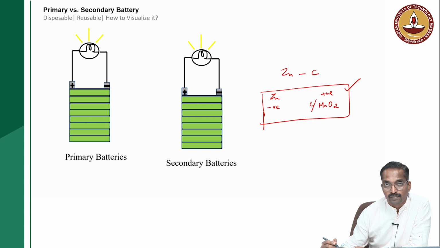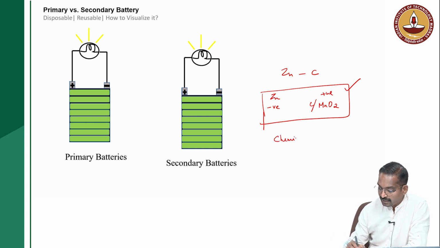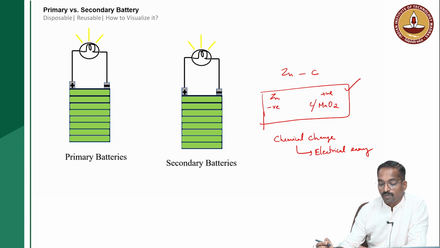So that's called a primary battery. This is a single use battery, and there is a chemical conversion which produces the electrical energy. That electrical energy is what we use in a primary battery. So, most of the reactions seen in the primary battery come under the category of conversion reactions.